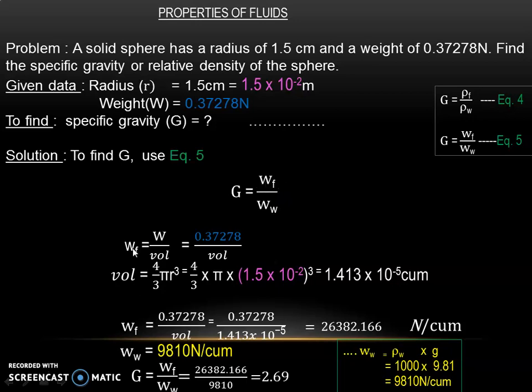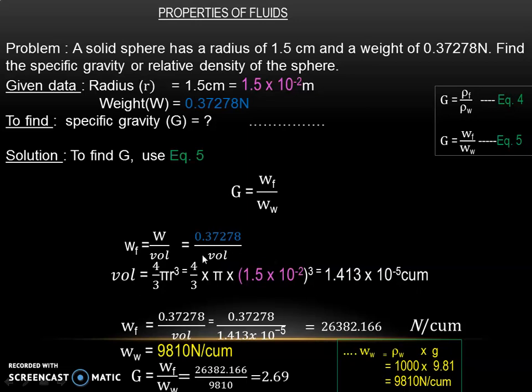So, specific weight of fluid is equal to weight divided by volume. Weight is given, that is 0.37278, and volume can be found out because radius is known and it is a solid sphere. So, volume is equal to 4 by 3 pi r cube. Write 4 by 3 pi as it is. Radius is 1.5 into 10 raised to minus 2, whole raised to 3, which will give us the value as 1.413 into 10 raised to minus 5 cubic meter.